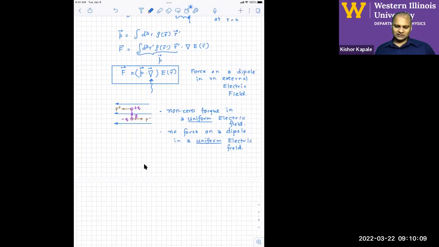Which way is the dipole going to move? Any thoughts anybody has? A gradient in some random direction perpendicular to P does not matter, right? Remember what we are looking at here is P dotted with the gradient.